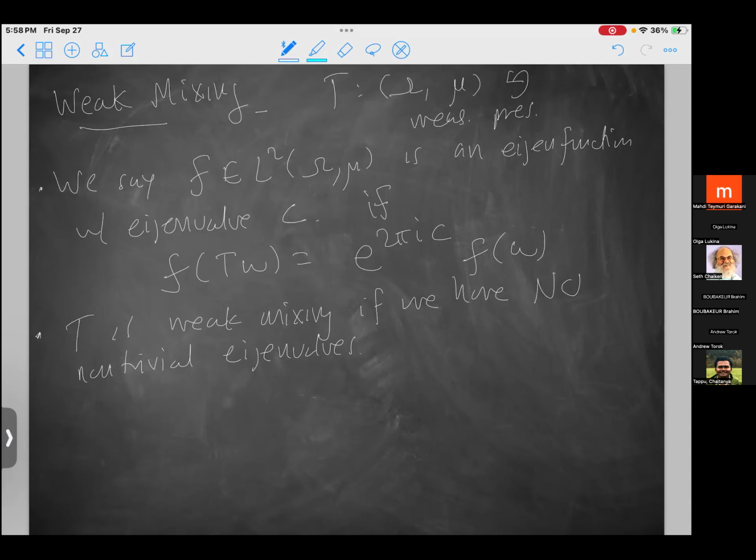You mean irrational, right? Wouldn't a rational eigenvalue give you a fixed point after a finite number of steps? Yes, but I don't want integrals either. So invariance, I don't want any eigenvalues. So let's say f is non-constant.